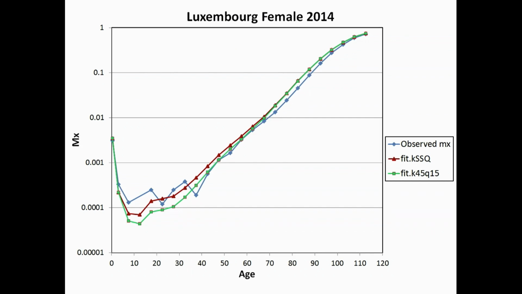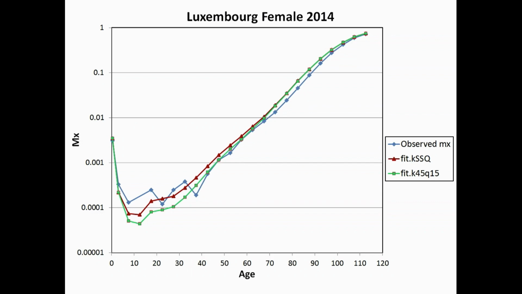Here are women in Luxembourg in 2014. The blue line is the observed mortality schedule. The red line is that fit on the sum of squares criterion.